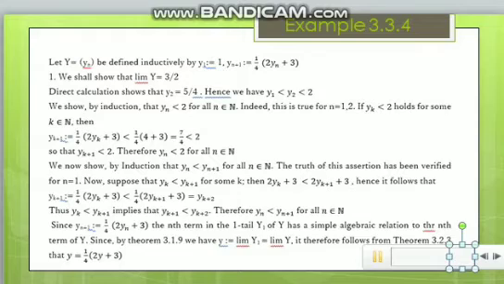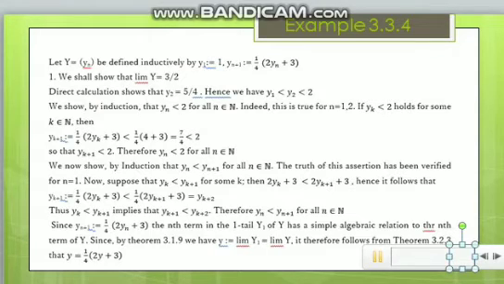Hence it follows that y_{k+1} = 1/4 (2y_k + 3) < 1/4 (2y_{k+1} + 3) = y_{k+2}. Thus, y_k < y_{k+1} implies that y_{k+1} < y_{k+2}. Therefore, y_n < y_{n+1} for all n ∈ ℕ.